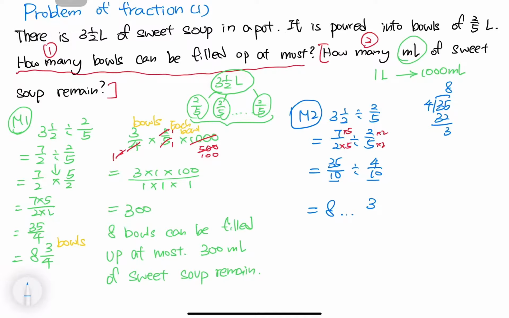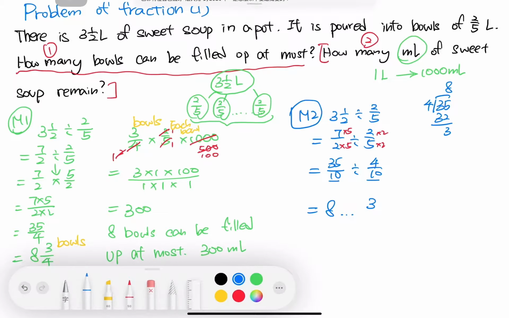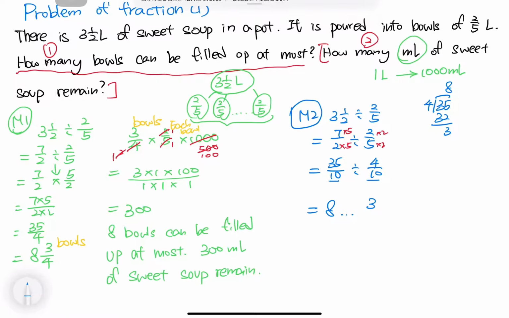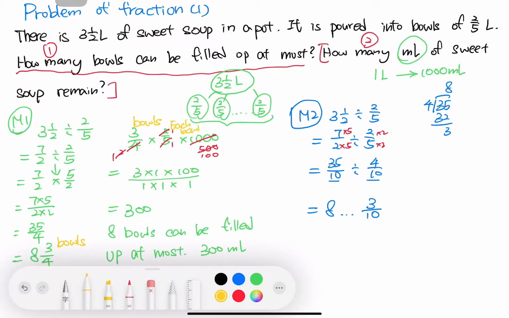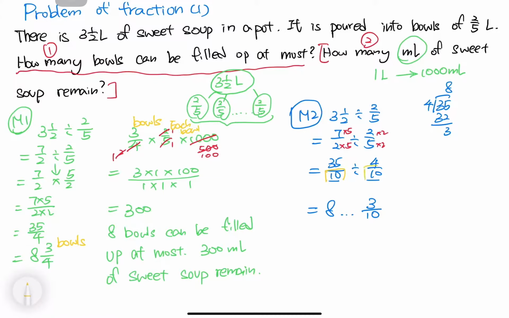But for the remainder, it is not 3 that remains here. It remains 3/10. Why does it remain 3/10? Because for this part the denominator is 10, which means that there are 35 of 1/10, and then divided by 4 of 1/10.